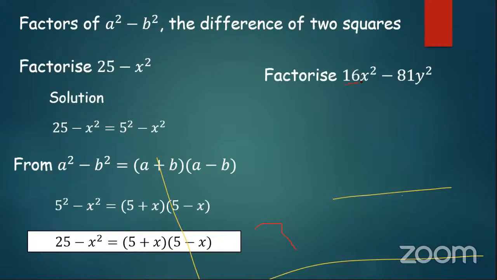Now, I have another one there for you. 16x squared minus 81y squared. Can we try out that?